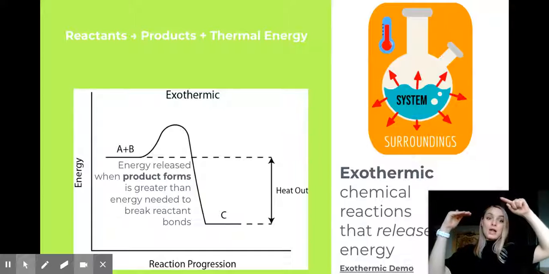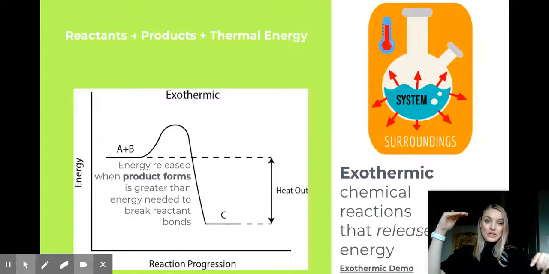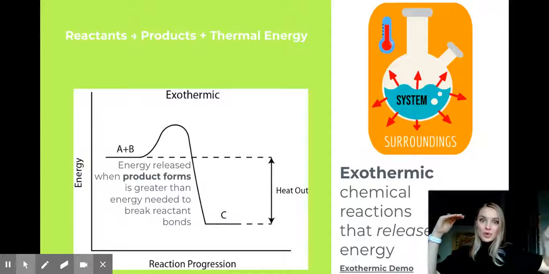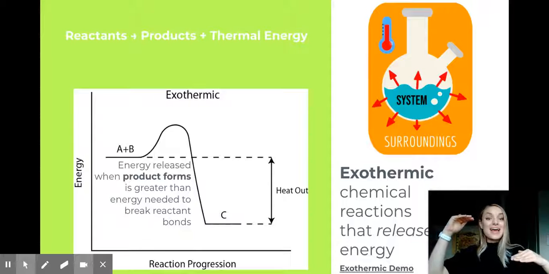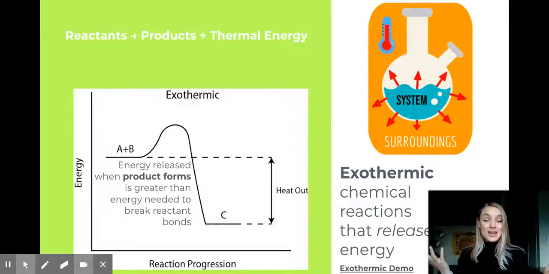But then overall, as we drop in energy to get to our products, that thermal energy is going to be released. It's going to be given off, and we're going to end up with our products and thermal energy. And that's what an exothermic reaction is, a chemical reaction that releases energy.